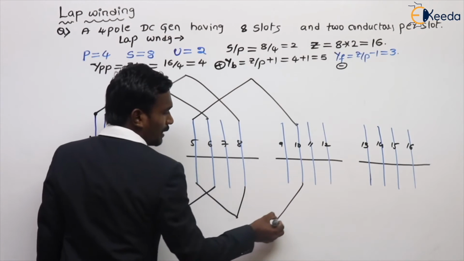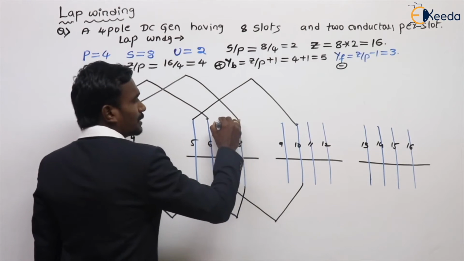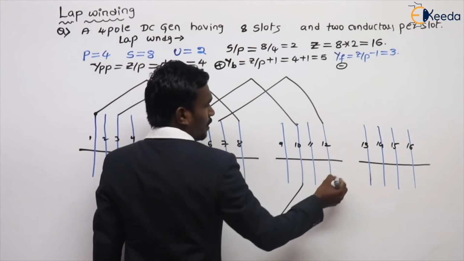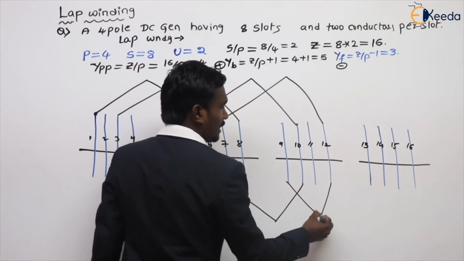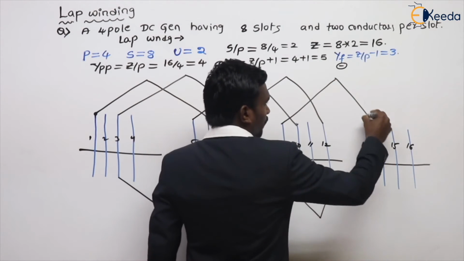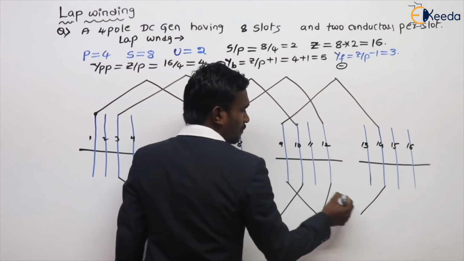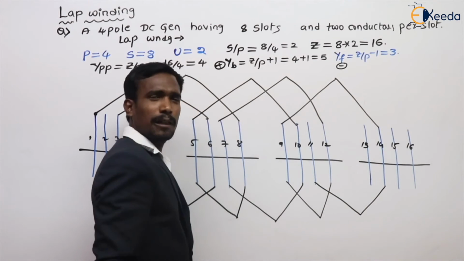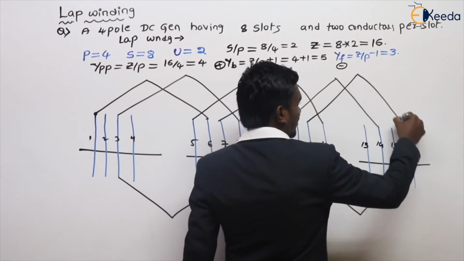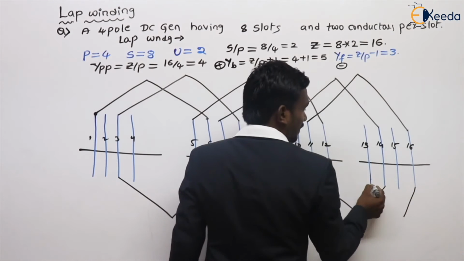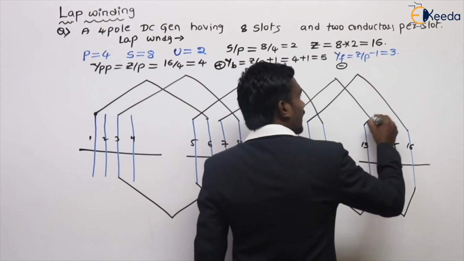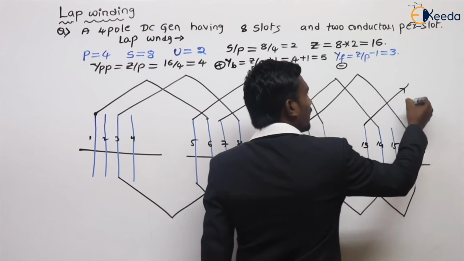Front pitch, 10 minus 3 is 7, 7 plus 5 is 12, 12 minus 3 is 9, 9 plus 5 is 14, 14 minus 3 is 11, 11 plus 5 is 16, 16 minus 3 is 13, 13 plus 5 is 18.